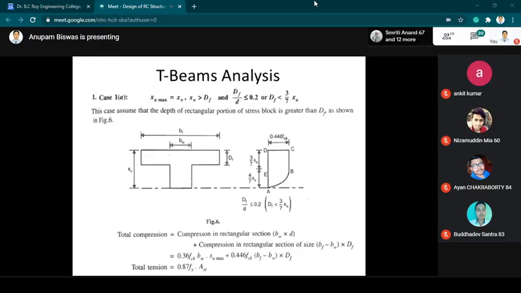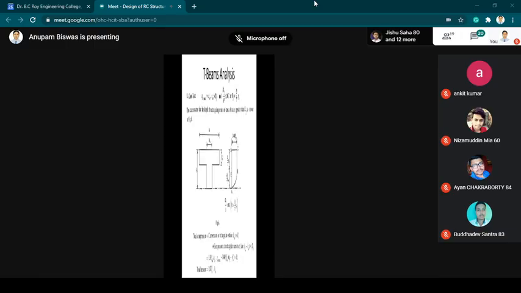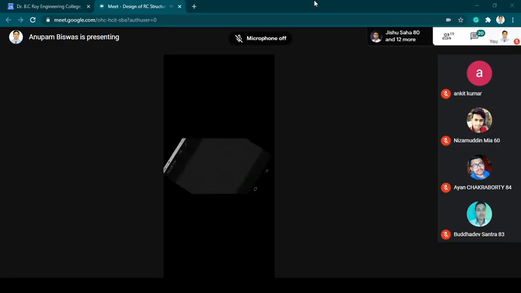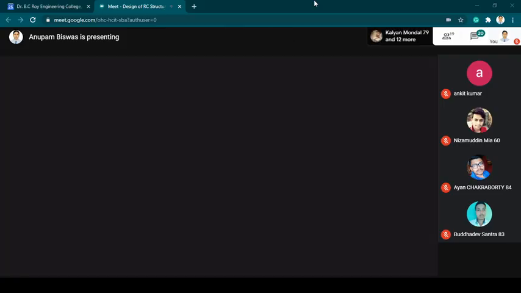But when the depth of flange falls below the rectangular portion BCDE, it will also have a partial portion of the parabolic portion of the stress block, that is BAE. For that condition, for df more than 3 by 7 xu, the code recommends df with yf.